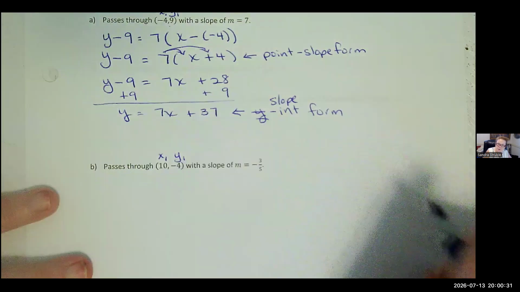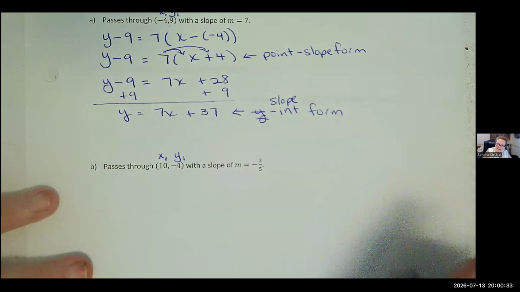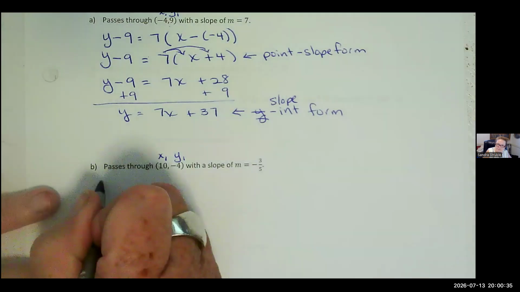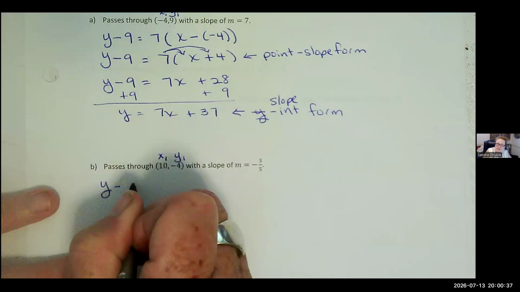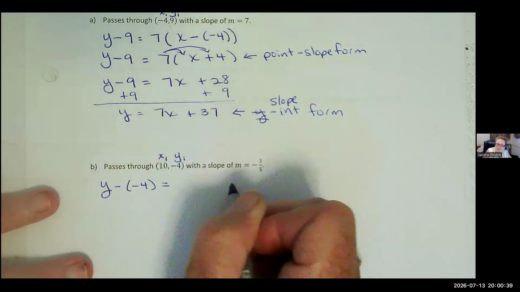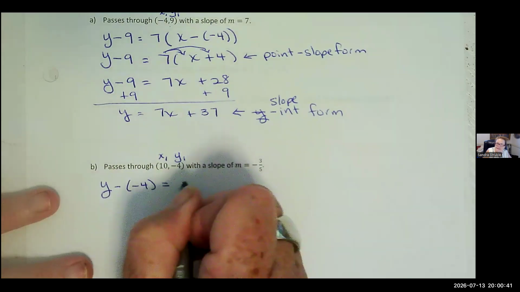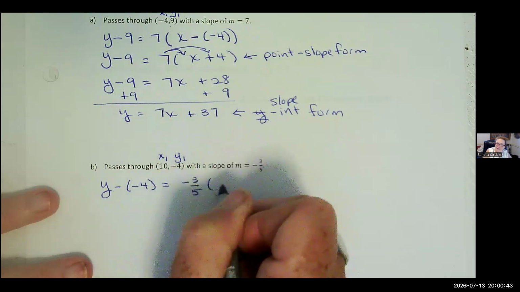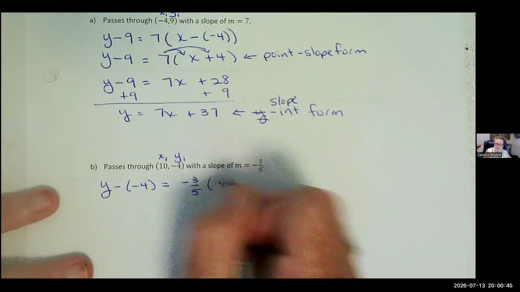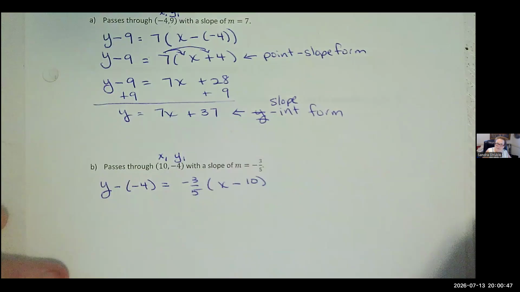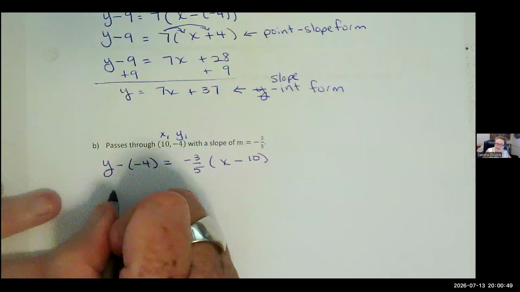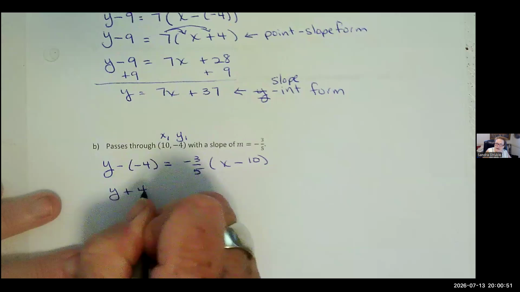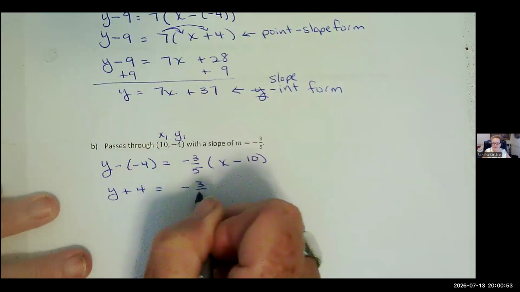All right, so y minus y sub 1, which is -4, equals slope -3/5, and then x minus x sub 1, that is 10. We're going to clean this up a little bit. y plus 4 is equal to -3/5 times (x minus 10).